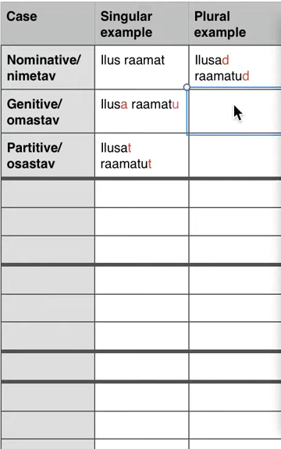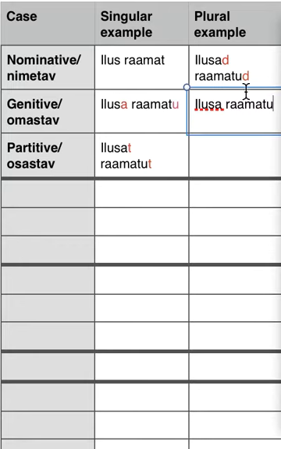Alright, let's move on to genitive. Now, you might think from the pattern that we did before that we're going to be using this again, which is correct. But actually, plurals are based off both nominative and genitive, which means we can write out ilusa raamatu here.